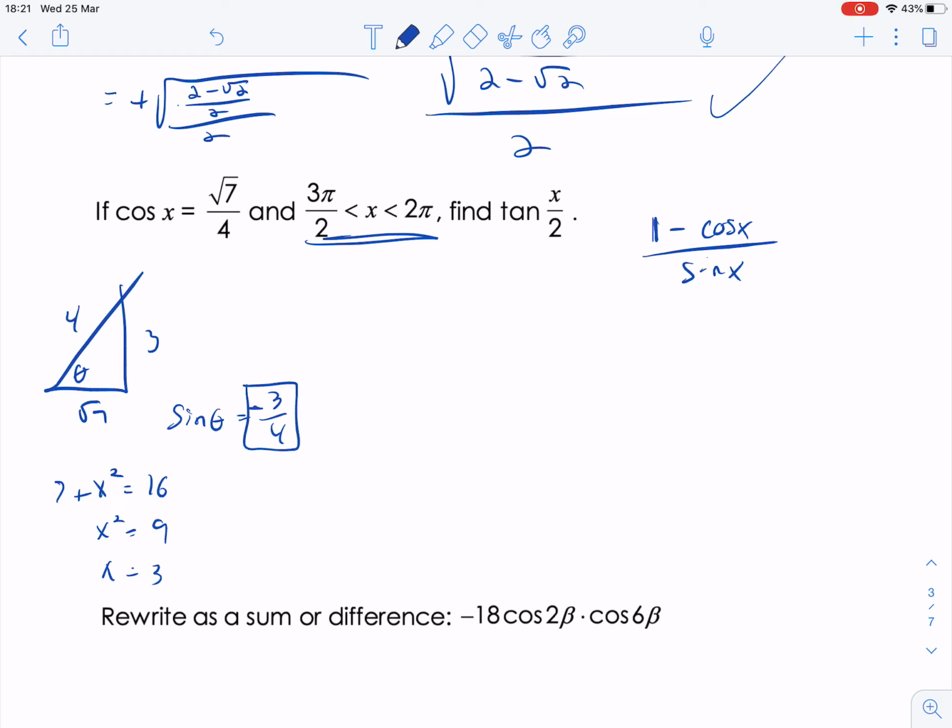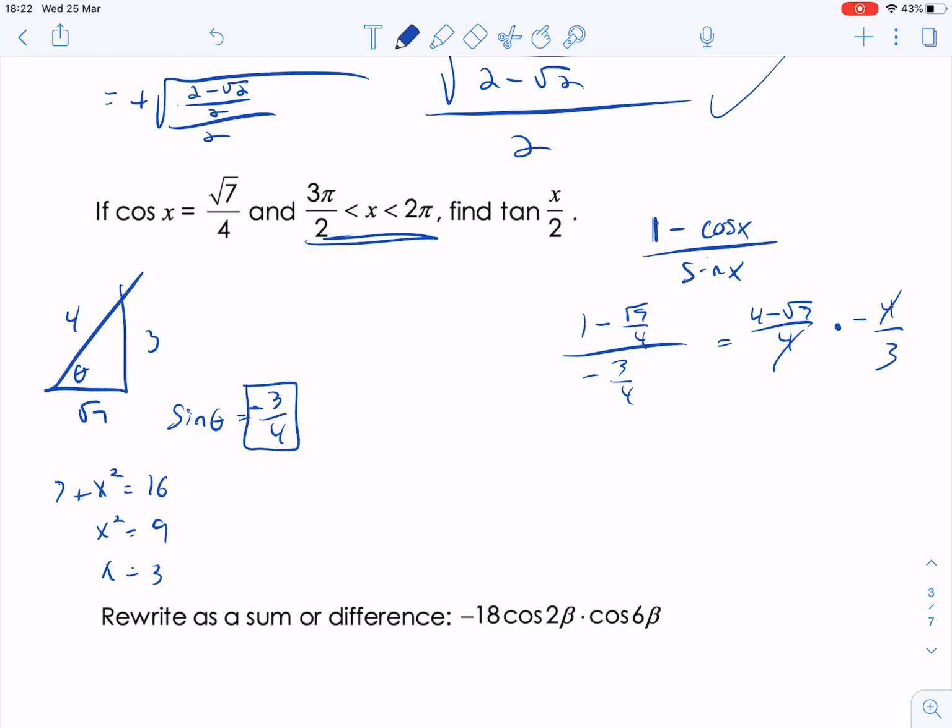Oh, how many people forgot that? Bet a lot. So we get 1 minus square root of 7 over 4 all over negative 3/4. We got to combine fractions first. So that's going to equal 4 minus square root of 7 over 4 times a negative 4/3.